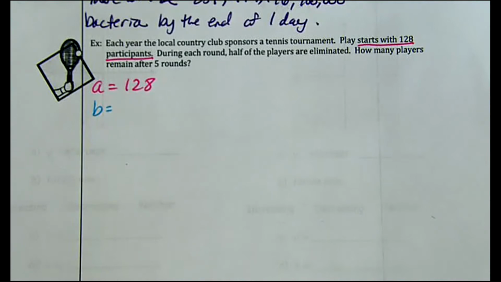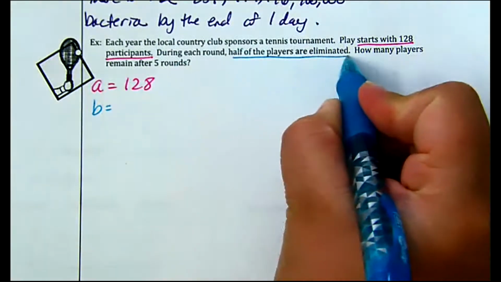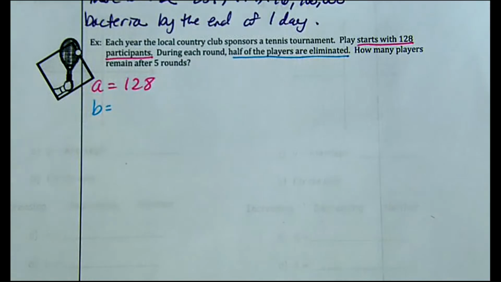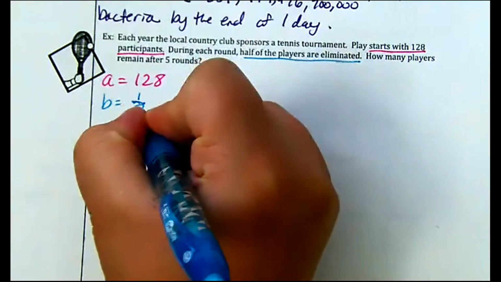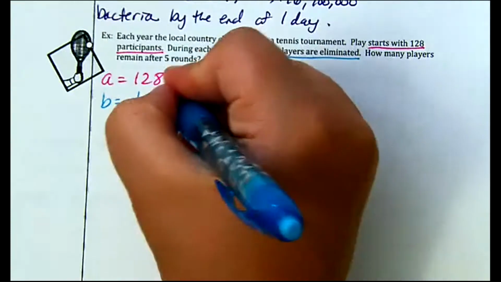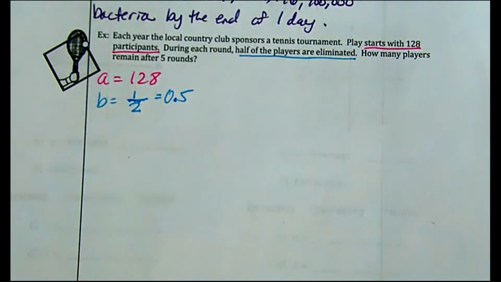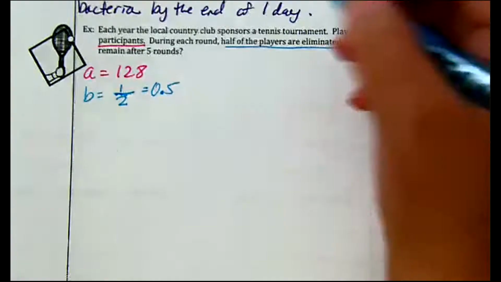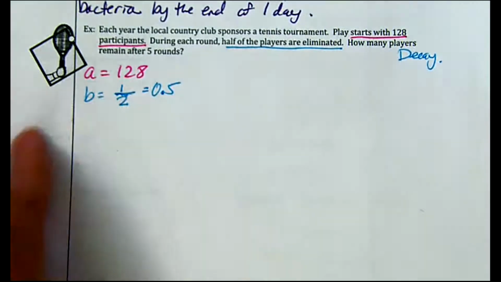It says right here, during each round, half of the players are eliminated. So then what's my B? 1/2, or 0.5, however you want to look at it. It is, in this case, my decay factor, because the group is getting smaller here.